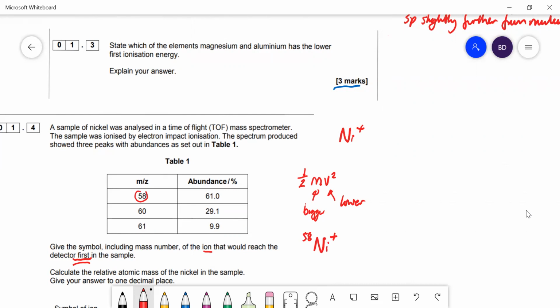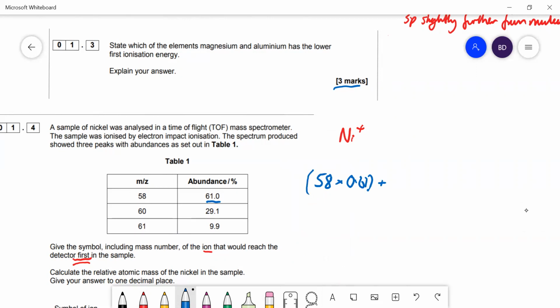Now, calculate the relative atomic mass of nickel in the sample. Well, that is pretty straightforward. We multiply the abundance of each ion by the mass of the ion. So 58, and we're going to have 61%. Let's just do that as 0.61, makes it quicker.